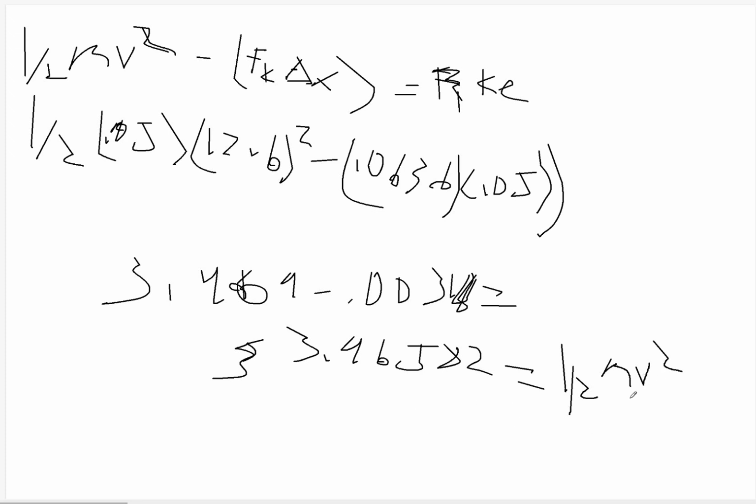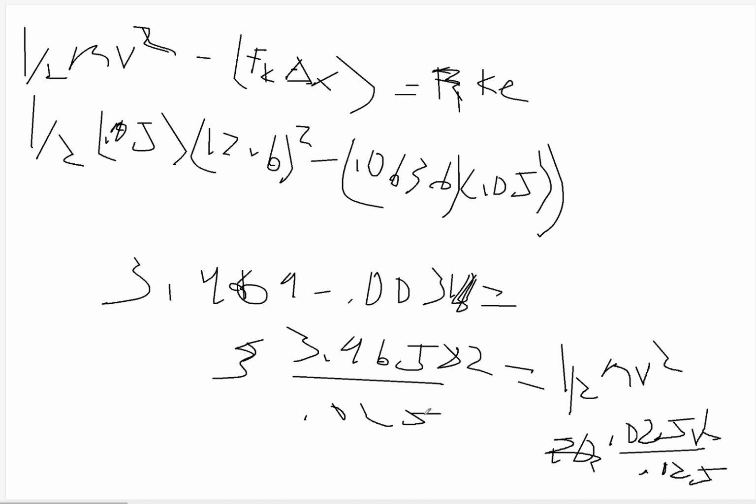3.96582 is equal to 1/2 mv squared, which again, 1/2 times 0.05 is 0.025 v squared, that we're trying to find. So we divide both sides by 0.025. We get 158.6328, square root.